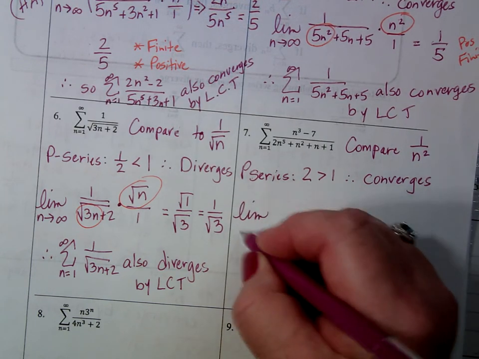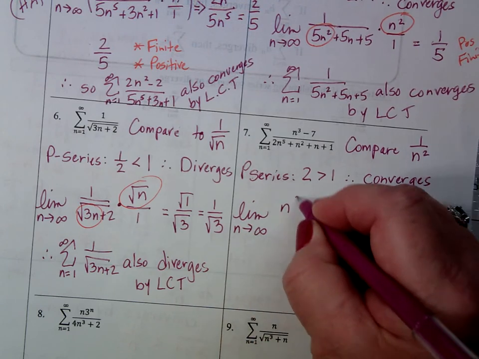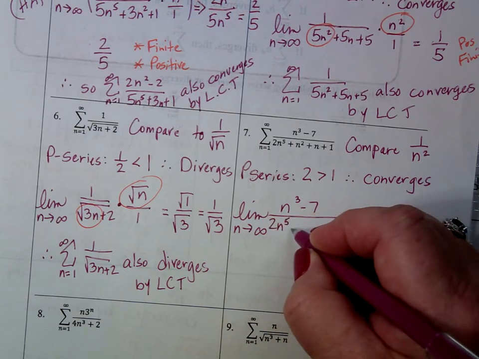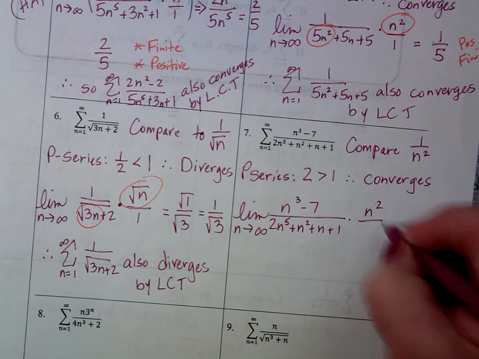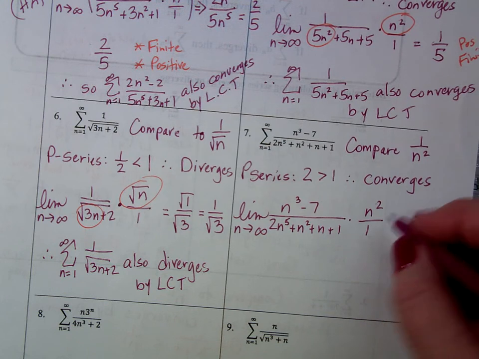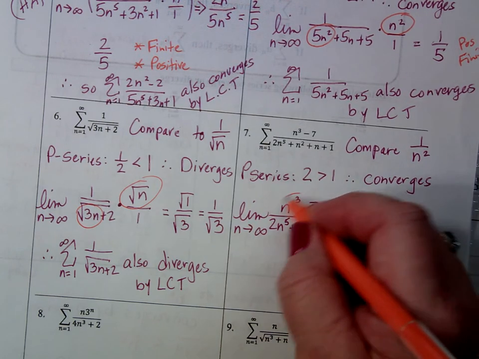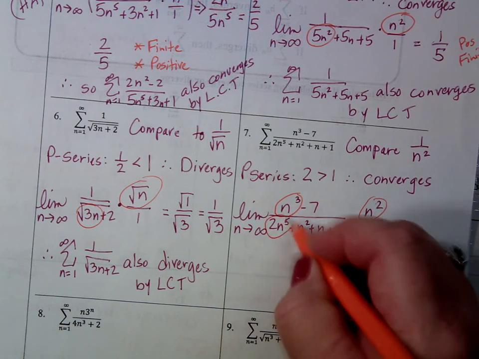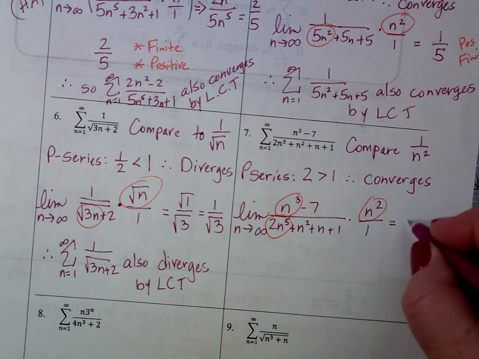Limit as n approaches infinity of, holy moly, n cubed minus 7 over 2n to the 5th plus n squared plus n plus 1 times n squared over 1, which gives me an n to the 5th on top, and it gives me a 2n to the 5th on the bottom. So what I'm comparing, or what I'm figuring out my horizontal asymptote, these guys become n to the 5th, and I have it over a 2n to the 5th, which means that my horizontal asymptote, my limit, is going to be 1/2.